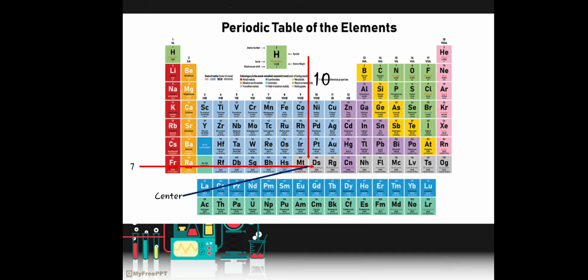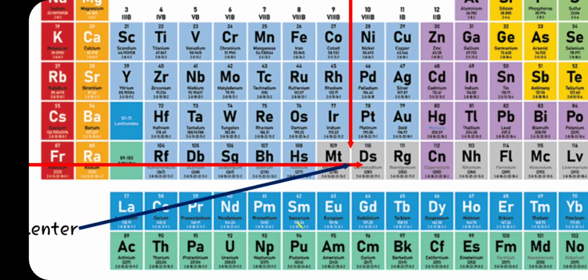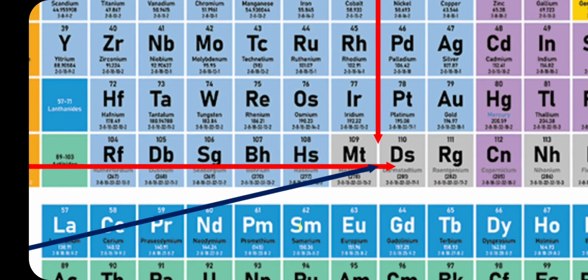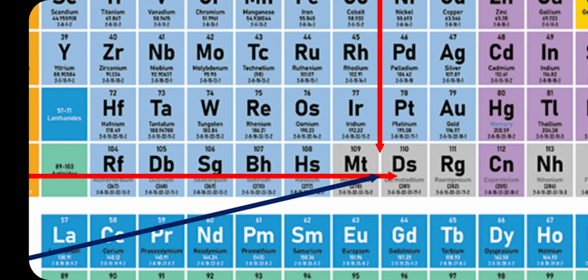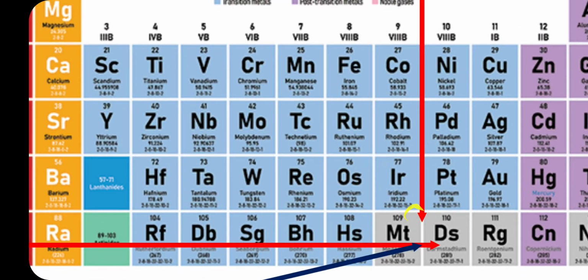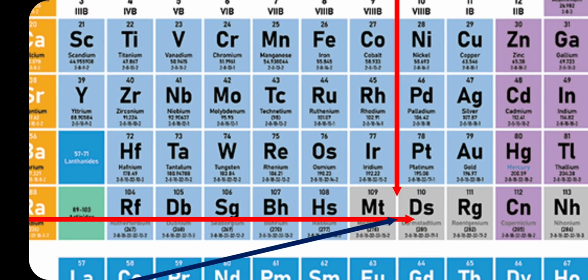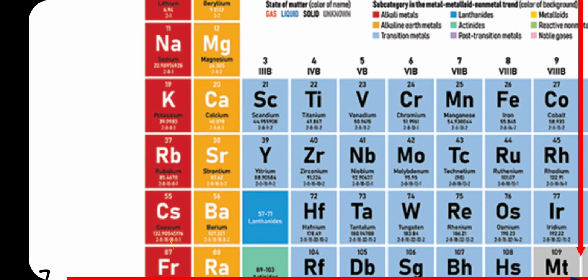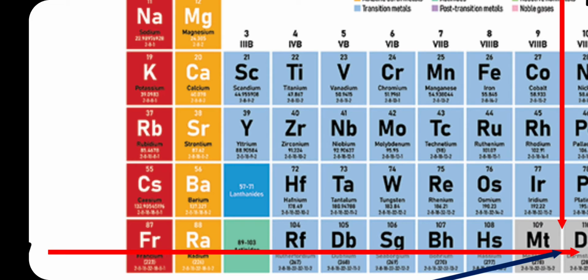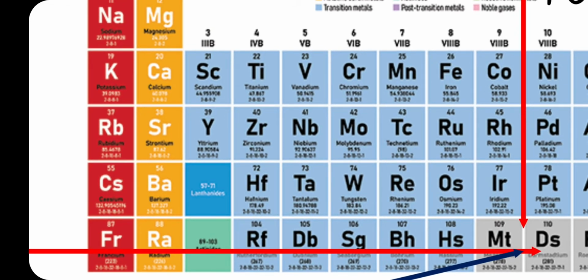Connecting to the horizontal, count vertically to get the DS, or the palladium. This is the vertical 10 or the group 10. As I've said, this is the horizontal or the period 7.